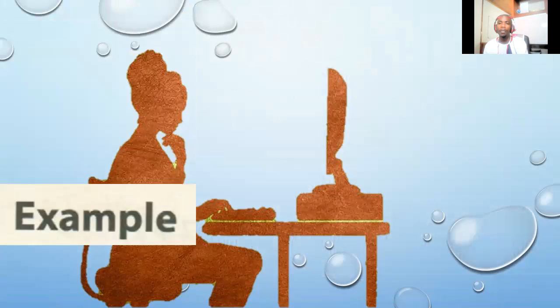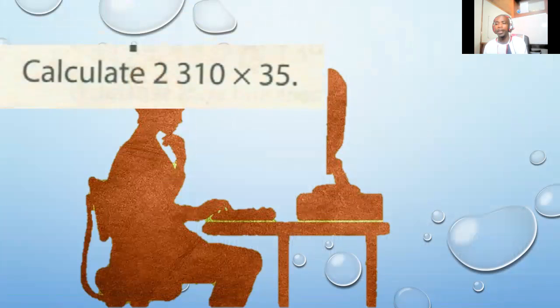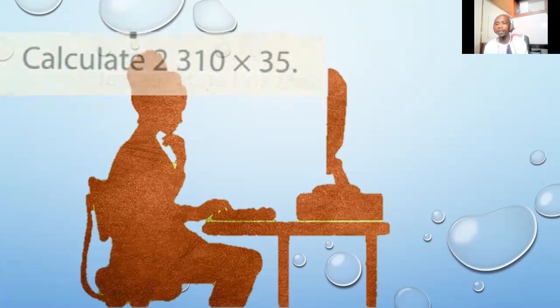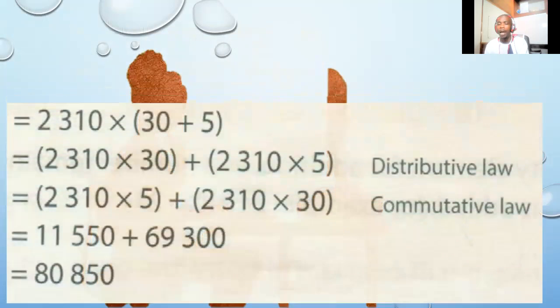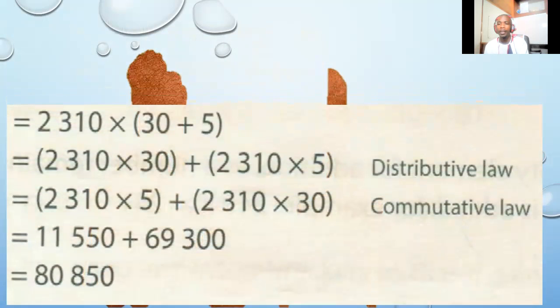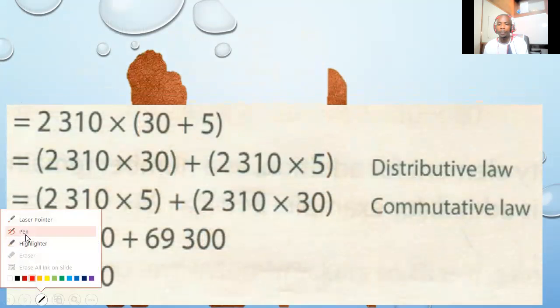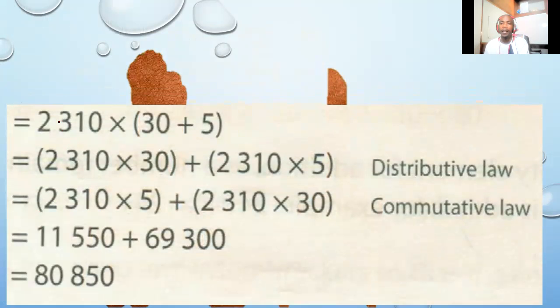Let's have an example here that we want to work with. 2,310 times 35. How do we work it out? Look here. We have 2,310 times that number 35.